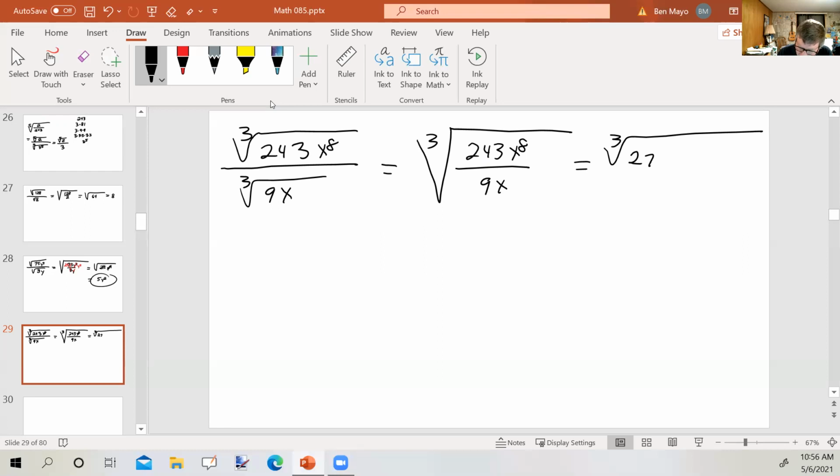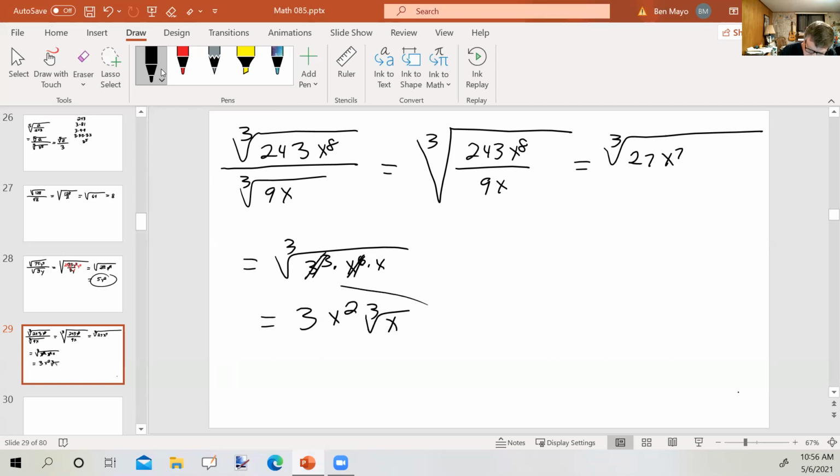And then x to the 8th divided by x to the 1 power would be x to the 7th power. Well, 27 is 3 cubed, and x to the 7th, I'm going to write as x to the 6th times x to the 1 power. Why did I peel off an x to the 6th? Because the 6 is a multiple of the index 3. So now the cube root of 3 cubed is 3 outside. The cube root of x to the 6th would be x squared outside, and the cube root of x left inside. There you have it.